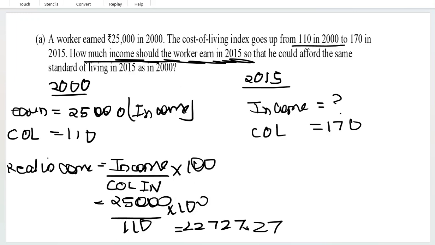Now it is clearly mentioned over here that he could afford the same standard of living. That means the real income in 2000 should match the real income in 2015. So now we use this fact to solve the further problem.